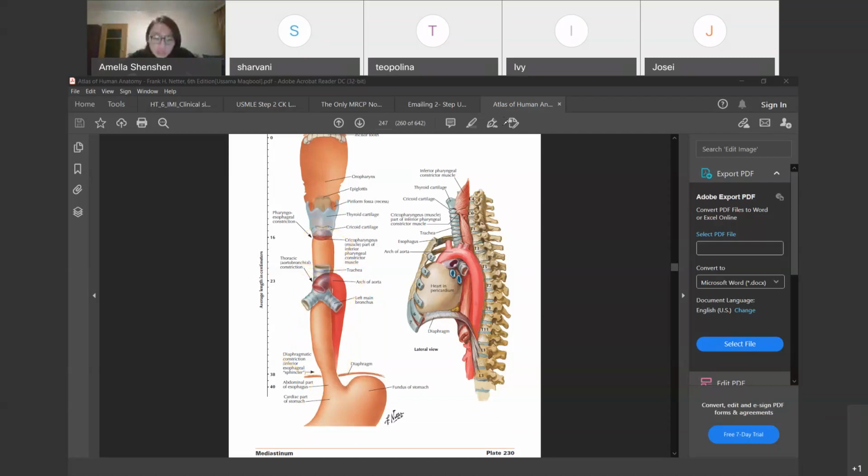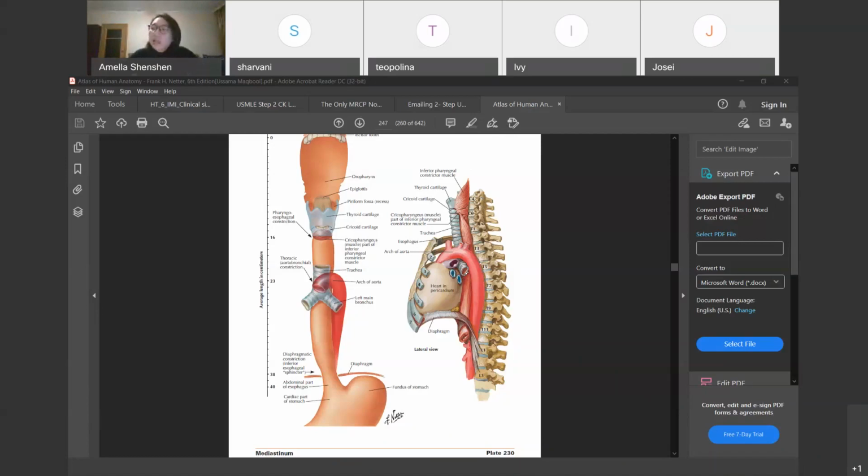These are the three main parts of the esophagus. We also need to understand there are two so-called sphincters of the esophagus.